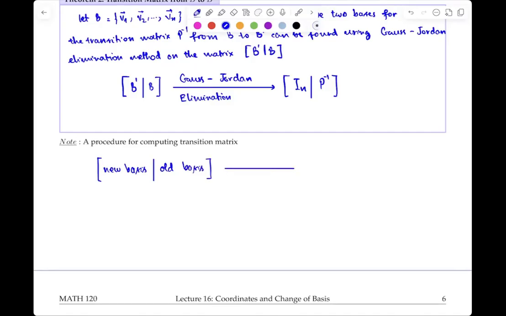Again, you use the Gauss-Jordan elimination method or basic row operations to get the identity matrix. And of course, on the right-hand side of the vertical line is the transition matrix. Okay, so that's technically the procedure.